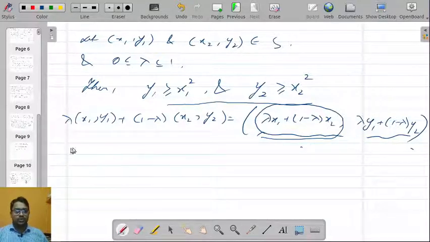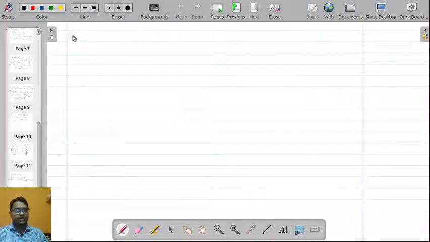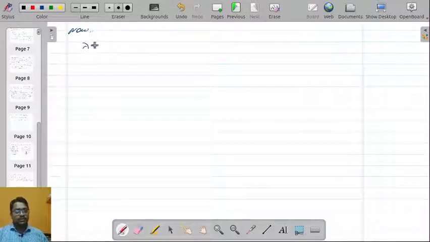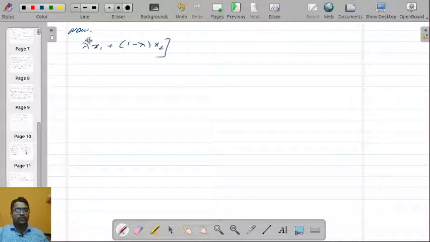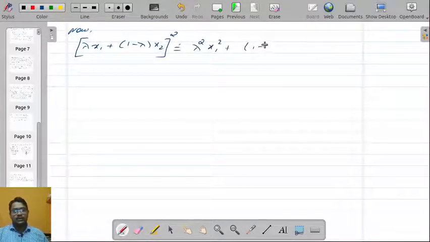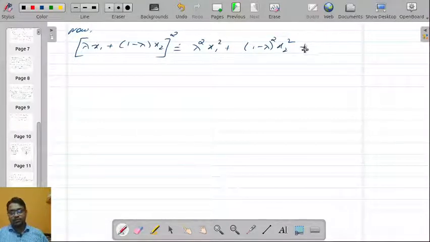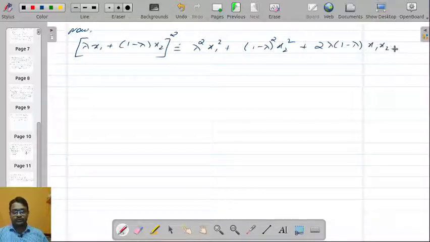Let us do it this way. Let us go to the other page. Now let us find the square of λx1 + (1 − λ)x2 whole square. What is this square? This is equal to λ² x1² + (1 − λ)² x2² plus twice ab, 2λ(1 − λ)x1x2.